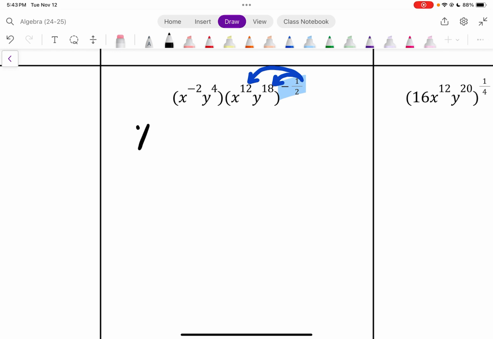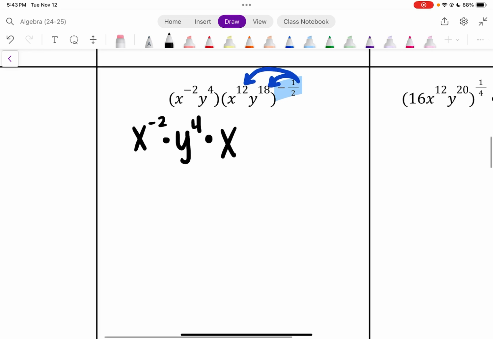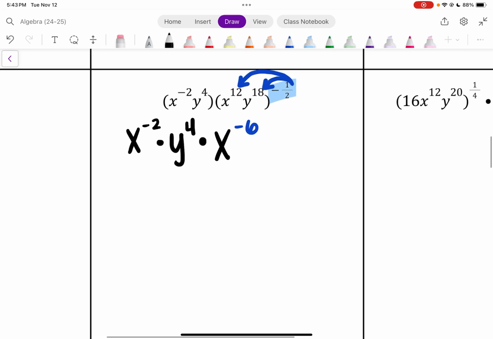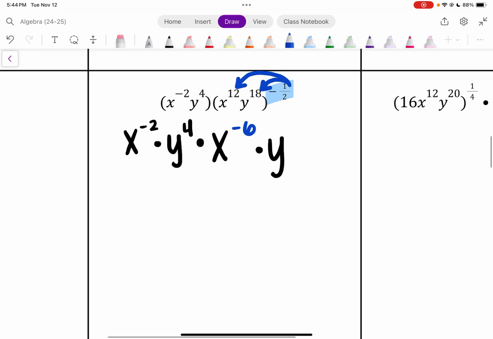So I did not touch x to the -2. I did not touch y to the 4th. But what I did do is I took 12 times -1/2, which is x to the -6. I did take y to the 18th, and 18 times -1/2 is a -9.